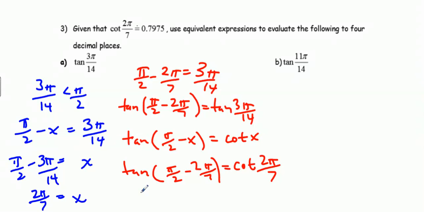So I've applied an identity here, and I know then that this is equivalent to tan of 3 pi by 14. I know that the cotan of 2 pi by 7 is approximately 0.7975, so I have evaluated the tan of 3 pi by 14 to 4 decimal places.